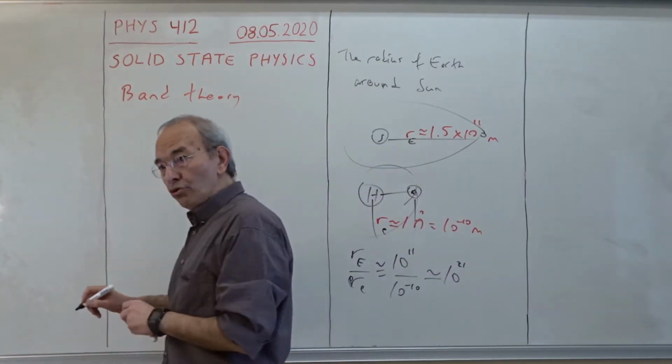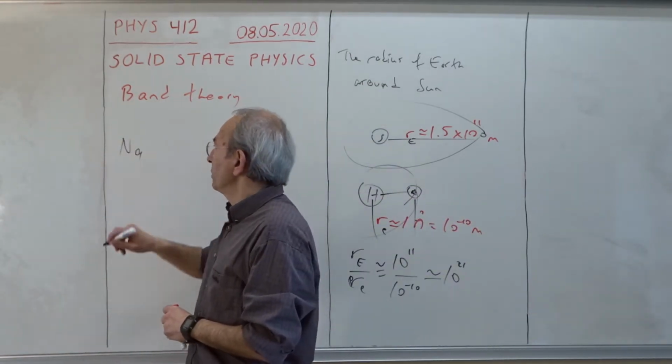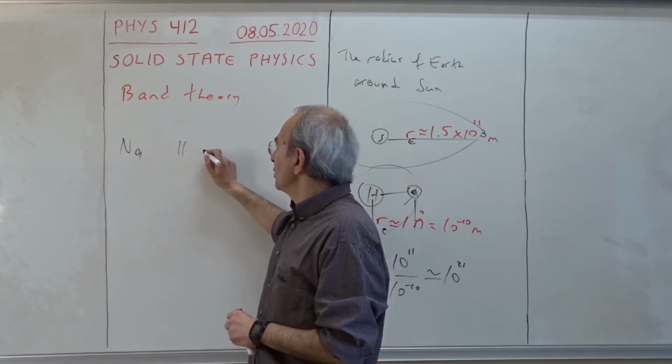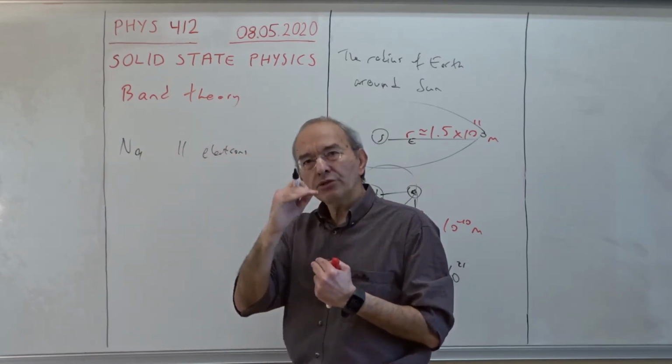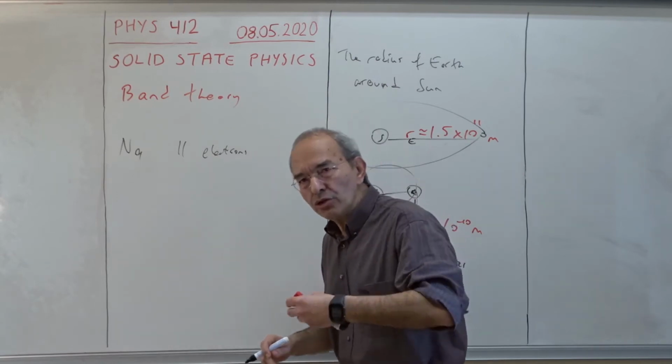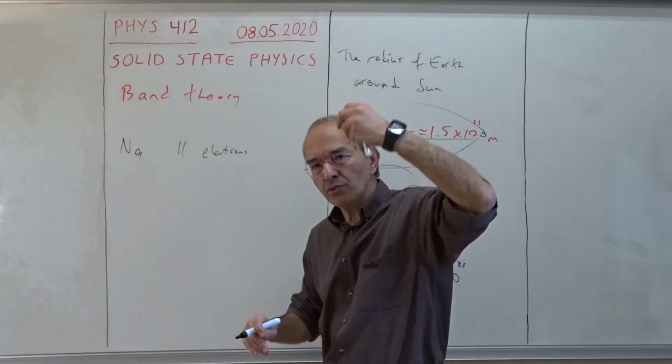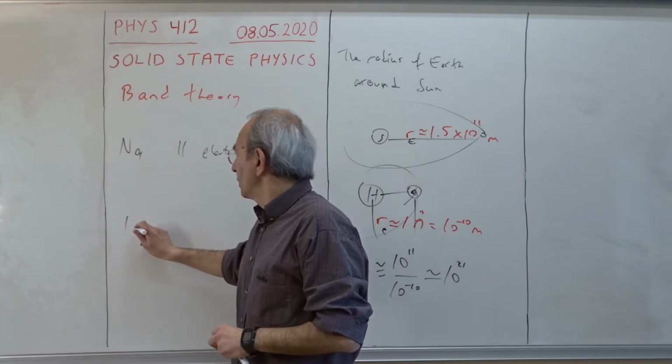That metal, sodium, which is called a simple metal, has, as we know, 11 electrons. And the electronic configuration is 1s2, 2s2, 2p6, 3s1.